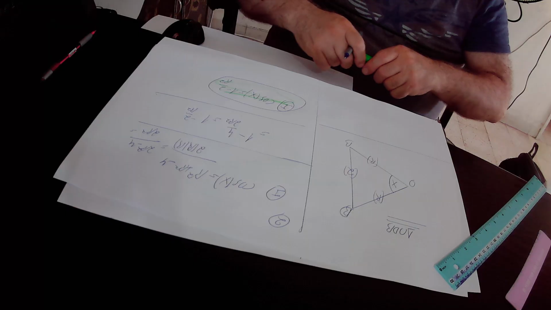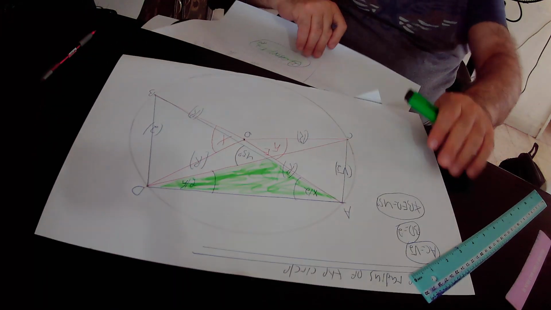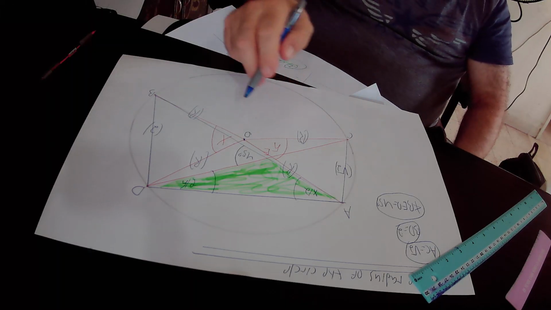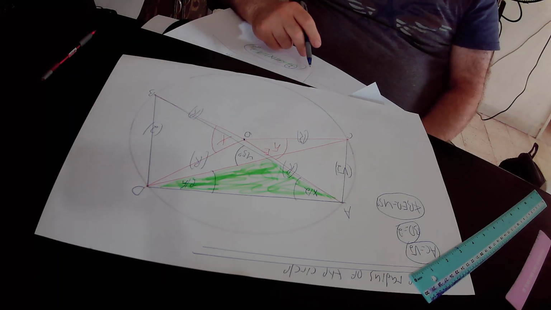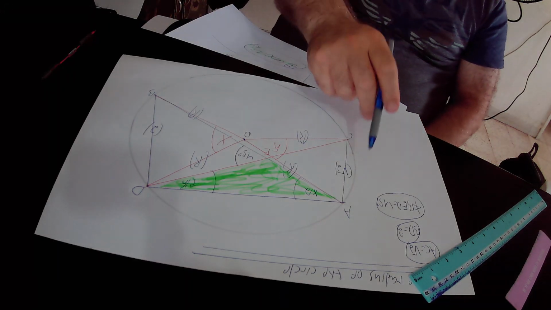In the next step, I copy this triangle AOC in a new page, and implement the law of cosines in the triangle AOC.